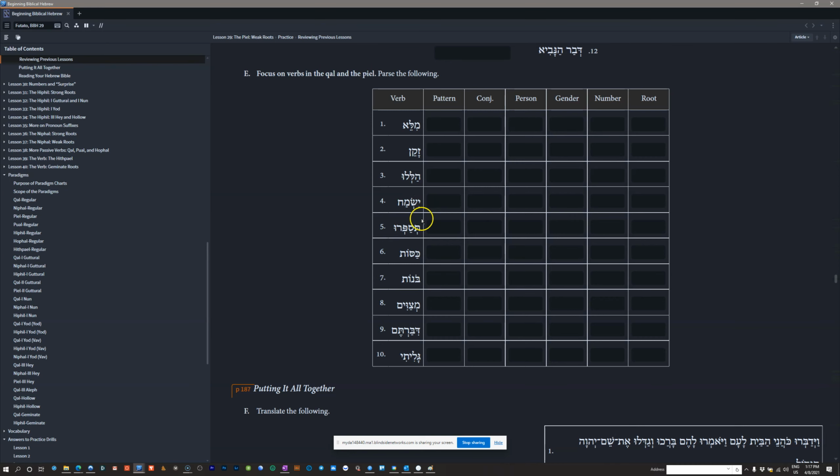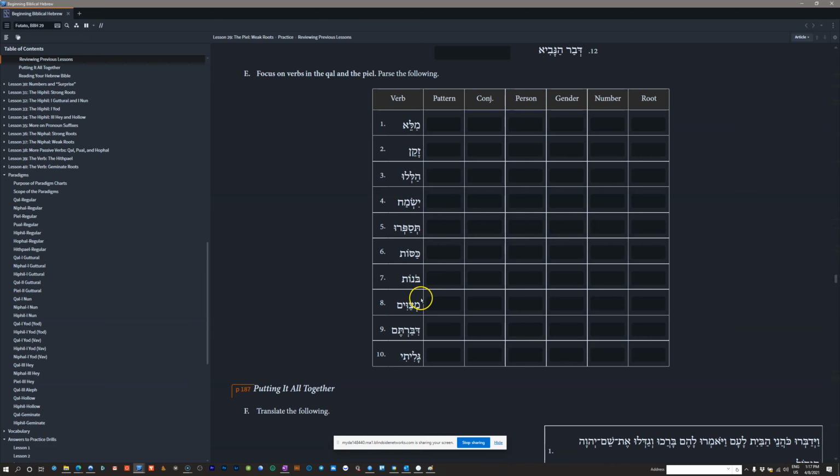Number 5, we've got a PL imperfect because our prefix is reduced. Number 6, we've got a PL infinitive construct because our R1 is Patach, Dagesh in R2. Number 7, we've got a cal active participle because R1 is holem, and then we've got a holem vav tav feminine plural ending.